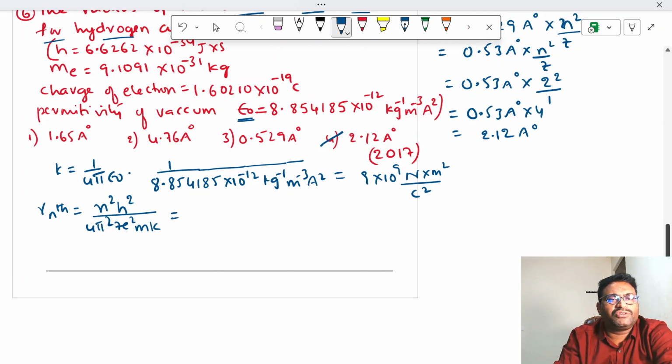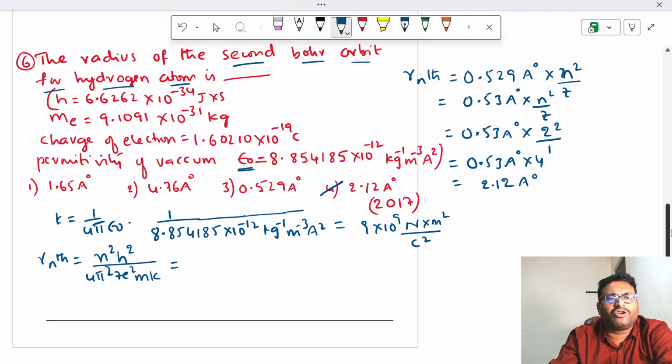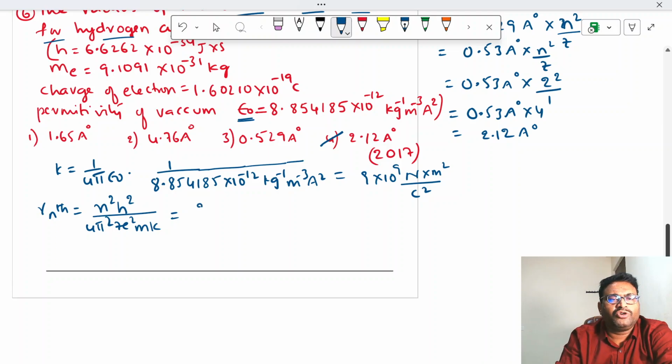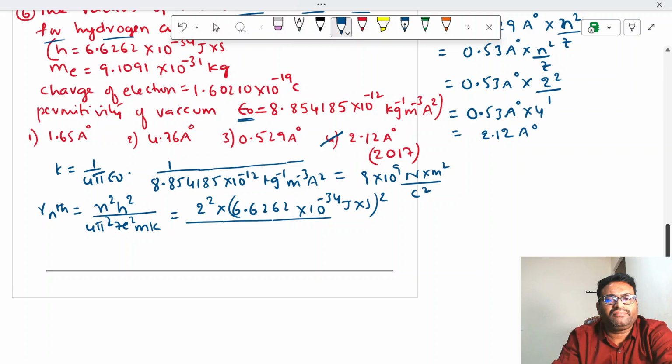If we use this for the second Bohr orbit of the hydrogen atom, it is 2 square into h, which is 6.6262 into 10 power minus 34 joule second, whole square, by 4 into 3.14 whole square into Z, which is 1.